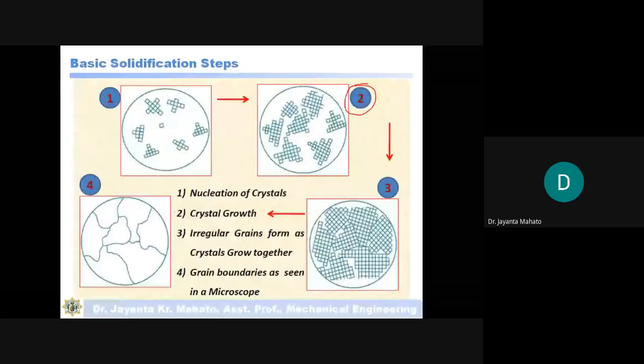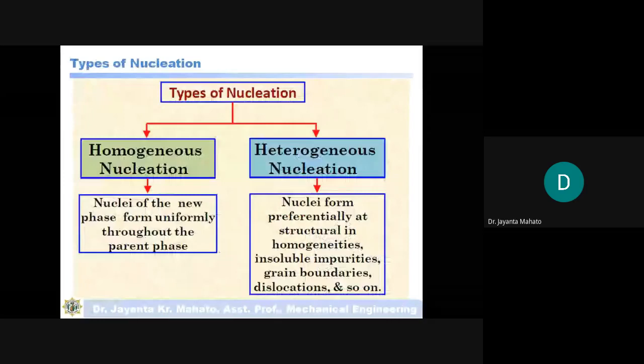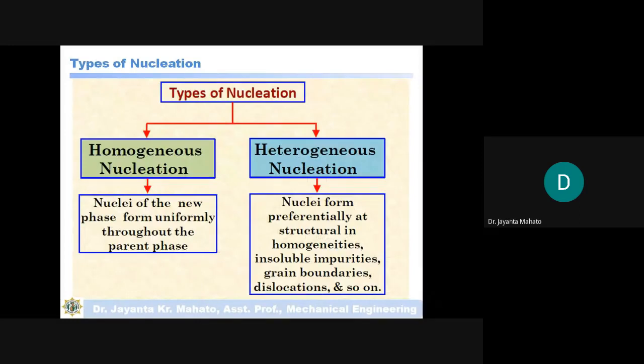Now there are two types of nucleation: homogeneous nucleation and heterogeneous nucleation. Homogeneous nucleation, as the terminology makes clear, means nuclei of the new phase form uniformly throughout the parent phase.